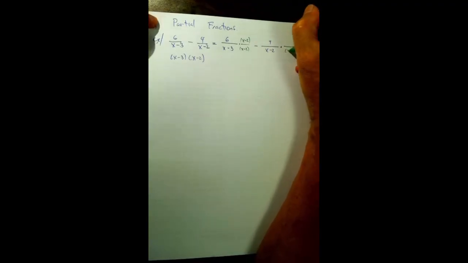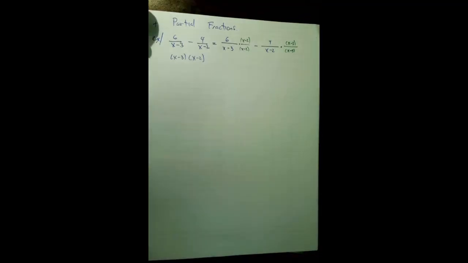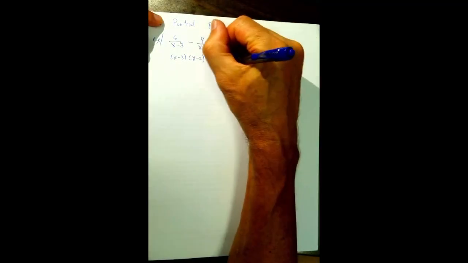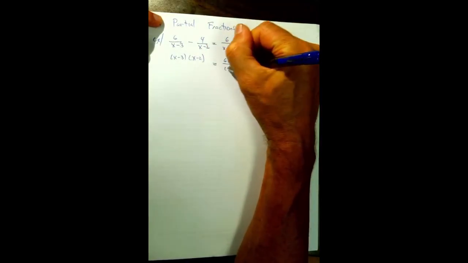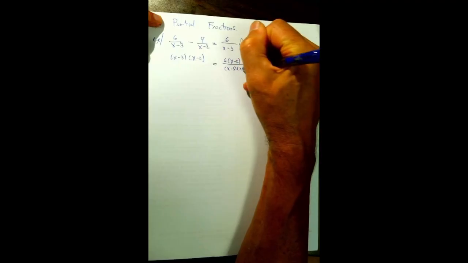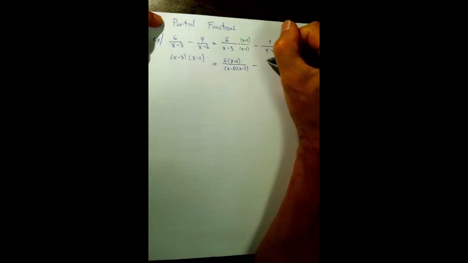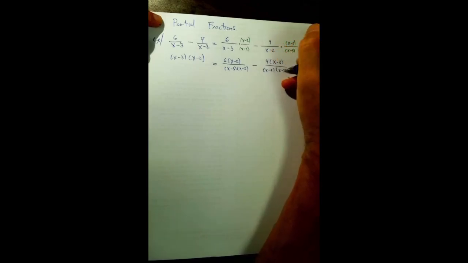And the second one, I'm going to multiply top and bottom by x minus 3. If I do that, I get 6 times x minus 2 over x minus 3 times x minus 2, minus the quantity 4 times x minus 3, over the same denominator.